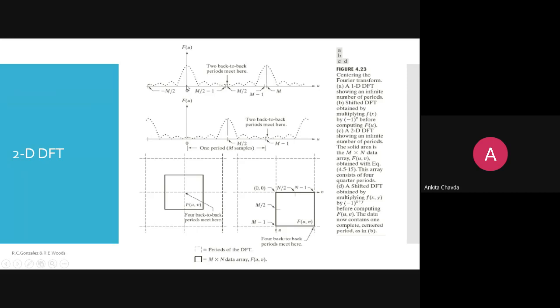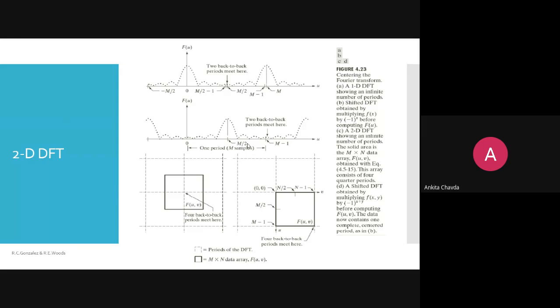I have shifted it by M by 2. Now from 0 to here you have one period of total M samples.